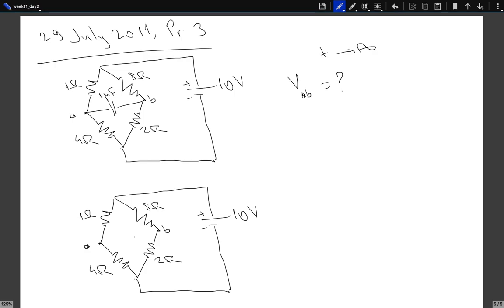Now, what is the total resistance over here? 4 ohm, 1 ohm, 5 ohm. So here we have 5 ohm. And on the other side, what is the resistance over here? It's 10 ohm.